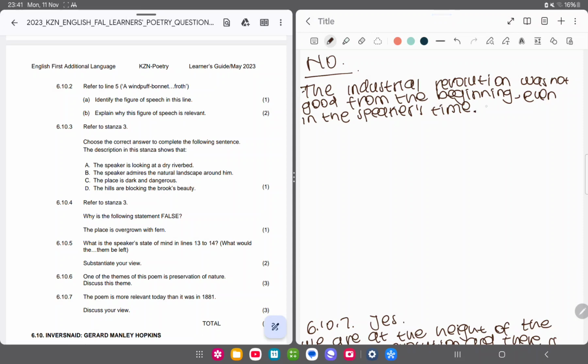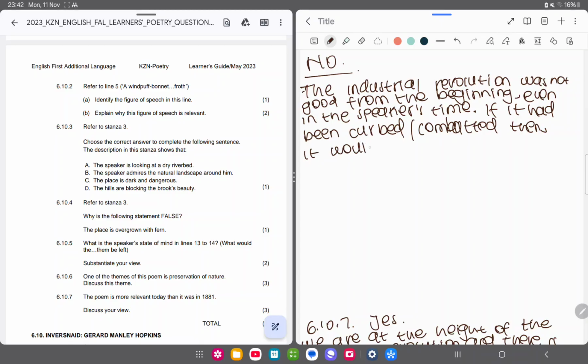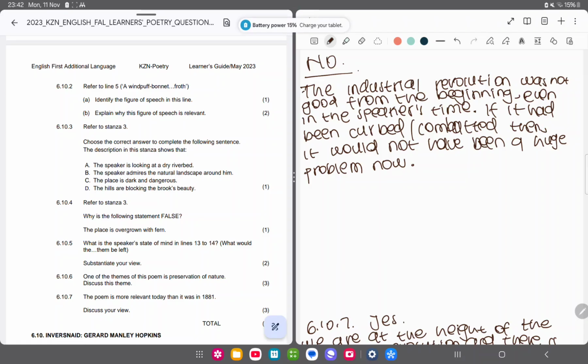We can further say that if it had been curbed then, if you don't want to say curb, you can say combated, then it would not have been a huge problem now. And in closing, we can say that it was relevant in that century.